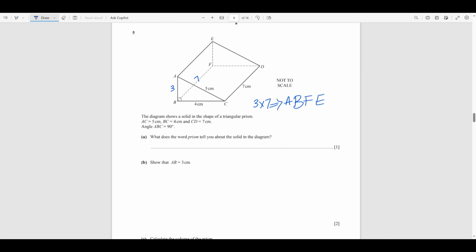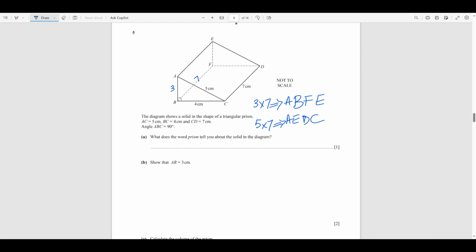And the other rectangle which was drawn was 5 by 7, and that is the rectangle AEDC, right? This is the whole rectangle AEDC that they are talking about for the second one, right?